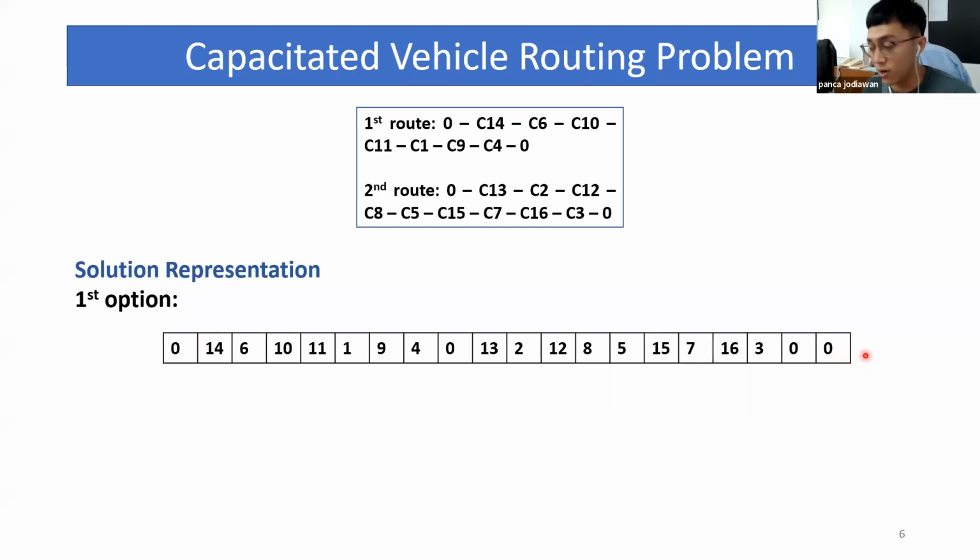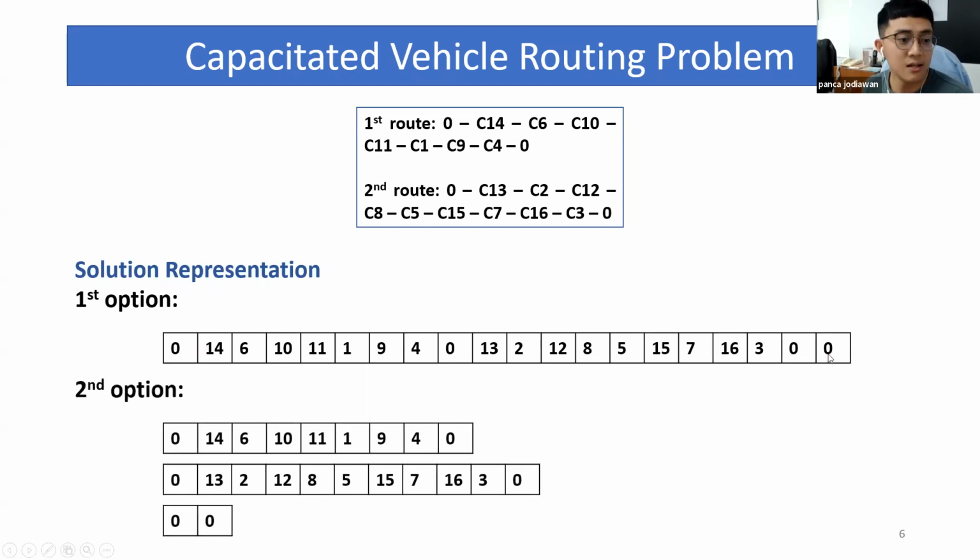Then the next one is the 2-dimensional array, or the 2-dimensional list, or 2-dimensional vector. It depends on what programming language you use, but here is the main difference. You could see that each row represents the index of the vehicle.